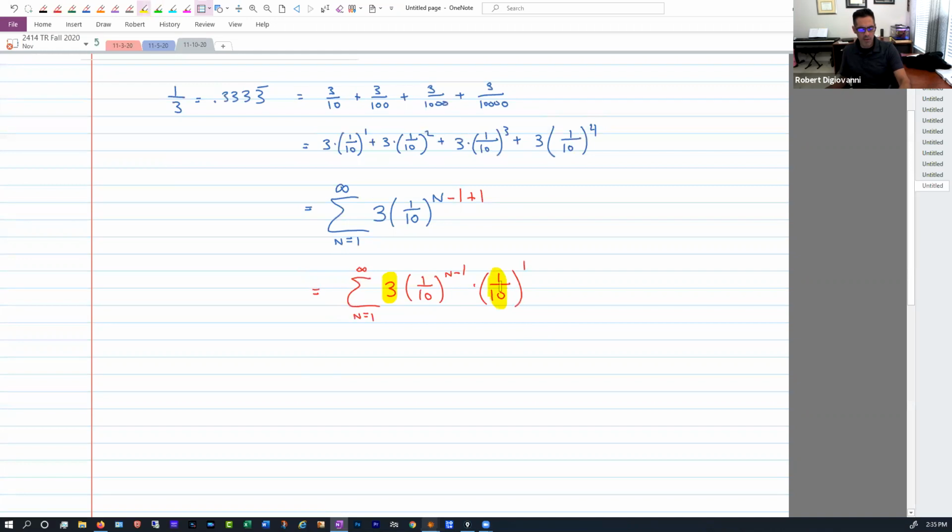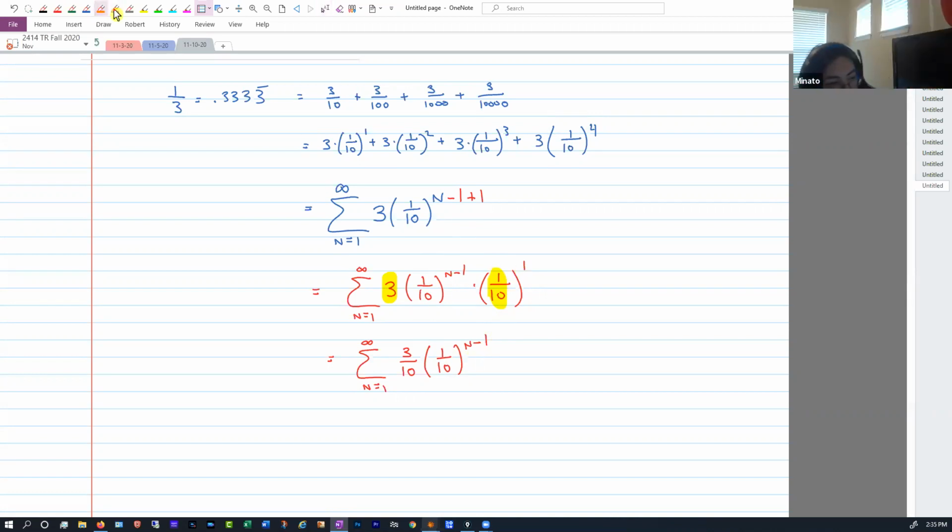The 3 and the 1/10 can come together. Your hand hurt yet? So we get 3/10 times 1/10 to the n minus 1. What hurts worse, your hand or your brain? Both. All right. Do you see how I've converted this to a geometric series? Let's see what this turns into.